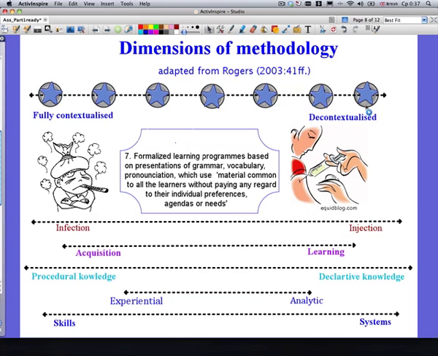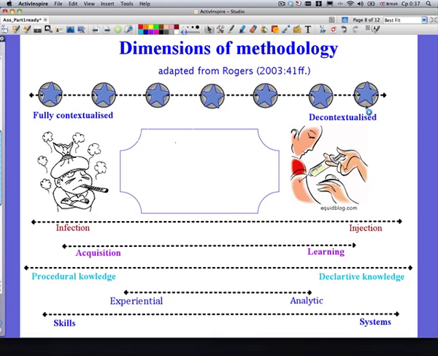Each of these positions has its shortcomings. For example, if learners get all the language in context, they can get infection, and if they get it in a completely decontextualized way, they get just injections, but not the language as a whole.